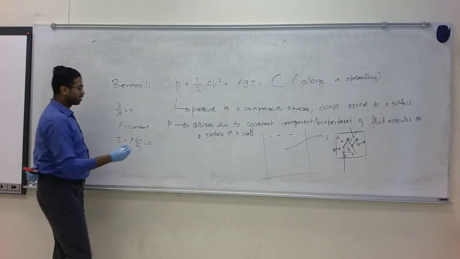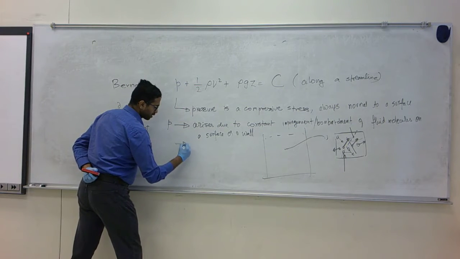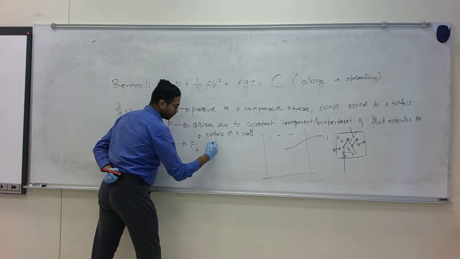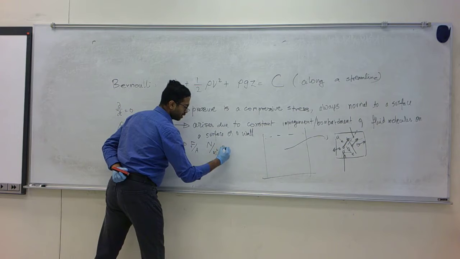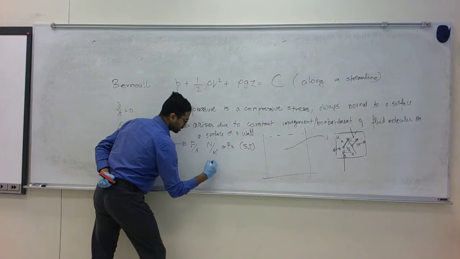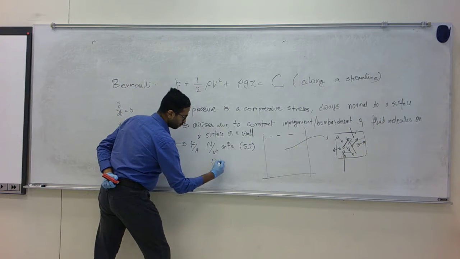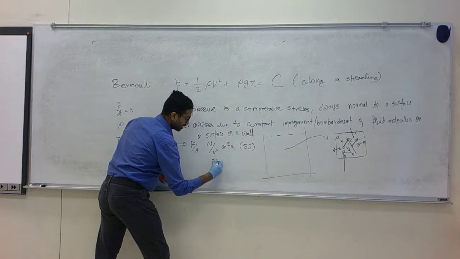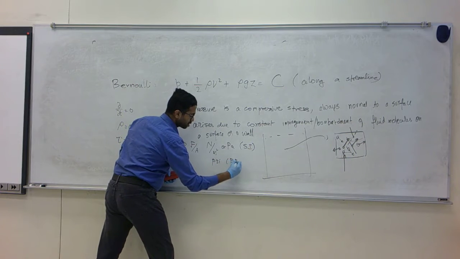We said that pressure is force normalized over area, and it has units of Newton per meter squared, or Pascal, in the SI system, and it is pounds force per square inch, PSI, in the English engineering unit system.